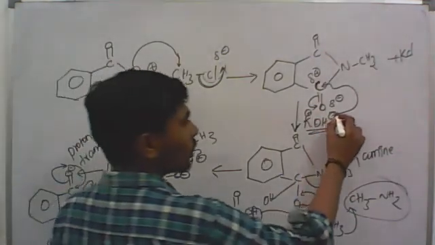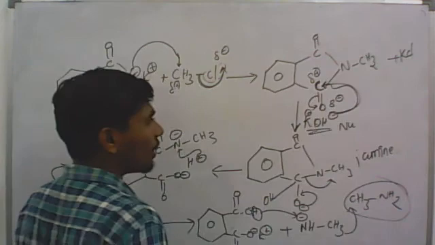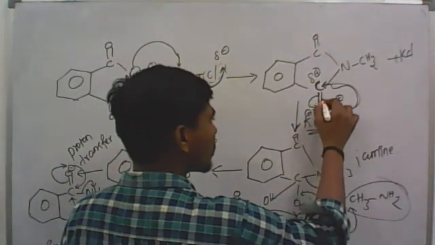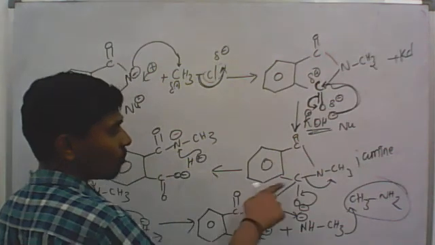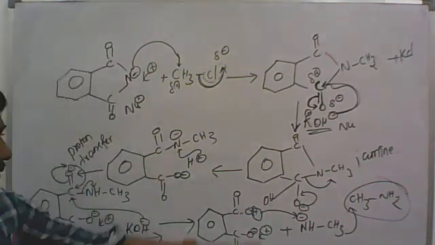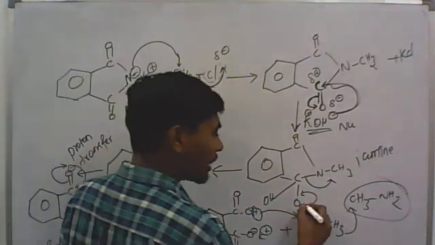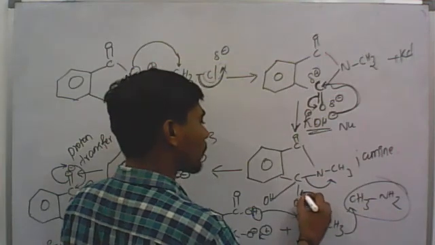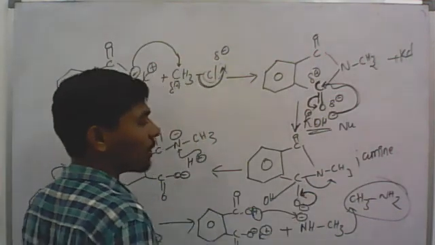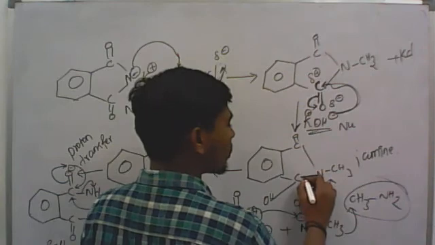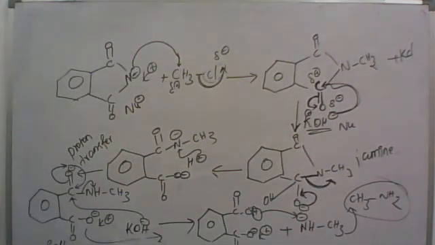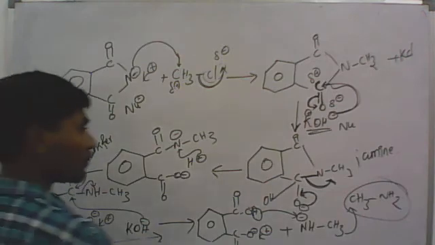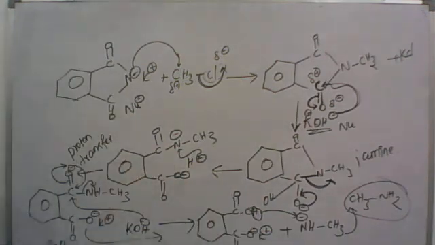Now the nucleophile is going to attack the carbon, and the carbon oxygen double bond is going to break down, and it produces a bond like this. And see here again the electron moves into carbon. Now the carbon nitrogen bond, let's break it down. Then it produces this compound.